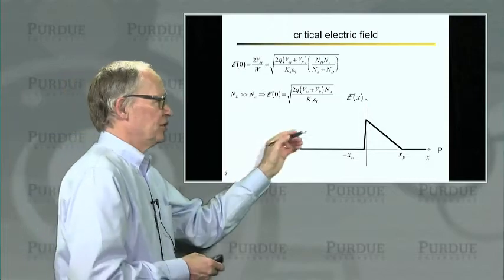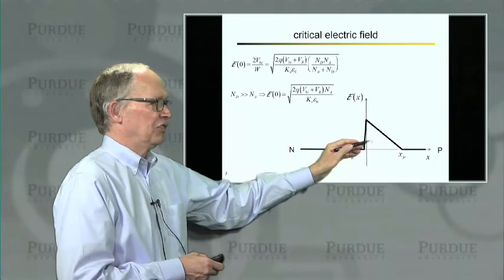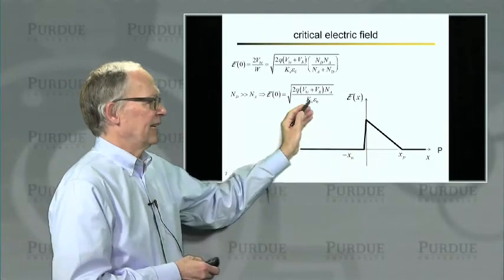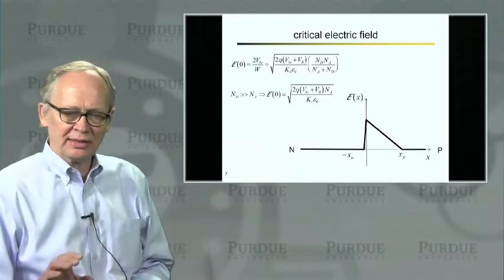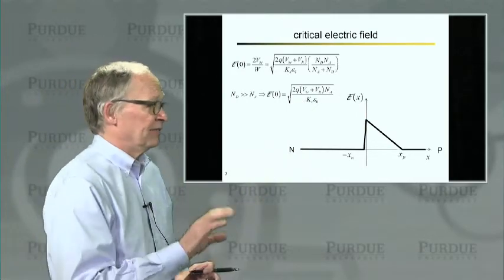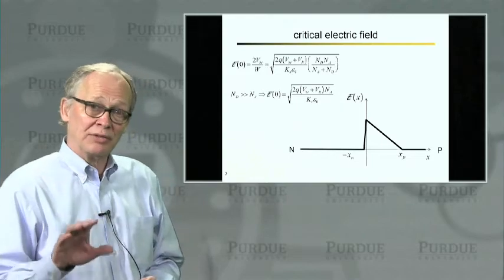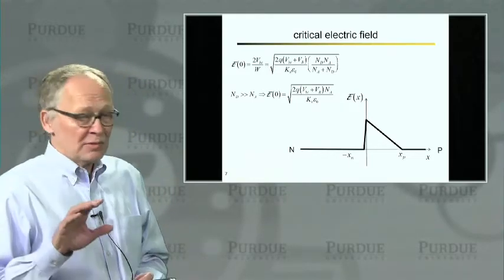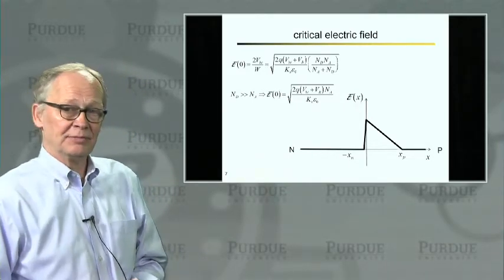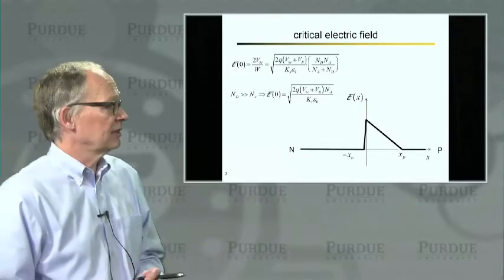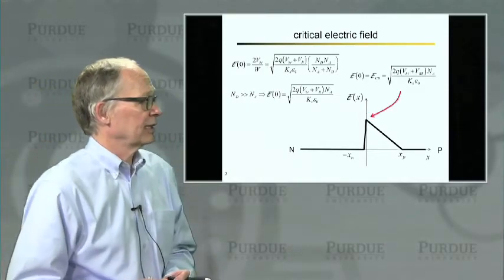Most of the depletion region is on one side, P side in this case. And in that case, the peak electric field is given by a simpler relation. It varies as the square root of the voltage and as the square root of the doping density. Higher voltage gives me higher electric fields. Higher doping density gives me higher electric fields.